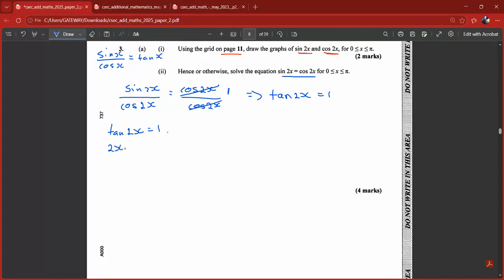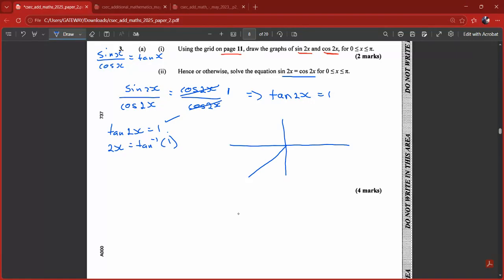2x is equal to tan inverse of 1. And if I make a sketch of this, tan 2x is equal to positive 1. In which part would tan be positive on a graph like this? Tan must be positive in the third quadrant. So you would have a line like this here. This is the third quadrant.